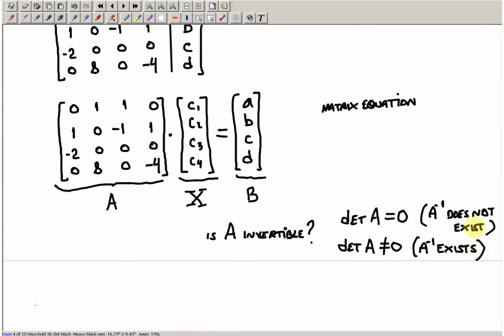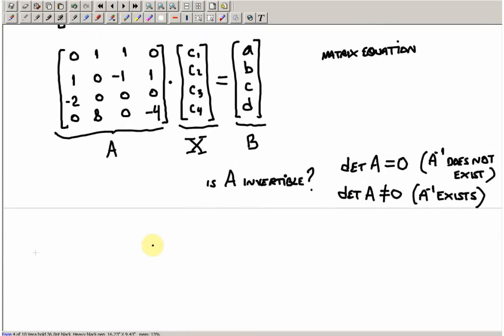So the conclusion here, you will see that the determinant is not 0. You can compute that in a calculator if you want. Here it is. The determinant is actually negative 24, so it's different than 0.